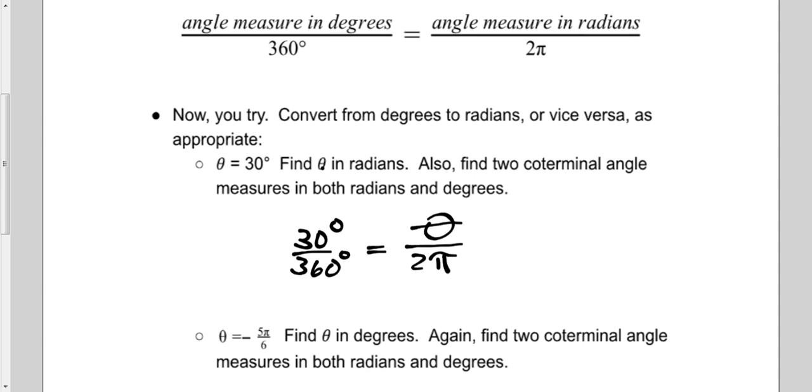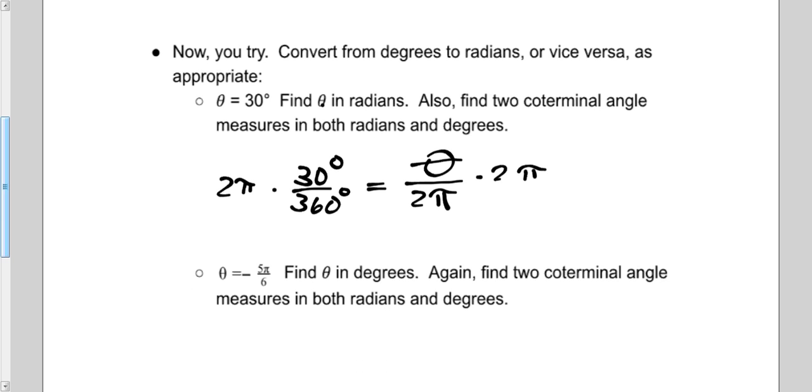And then how do I get theta by itself? 30 divided by 360 is 1/6. 1/6 times 2 pi. Oh, wait, there's pi over 3, right. Pi over 3 equals theta.